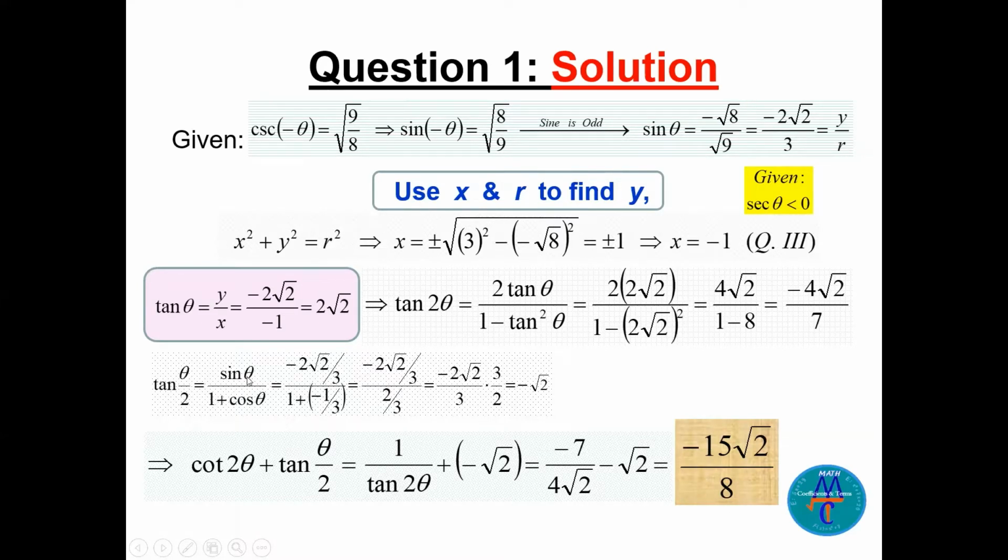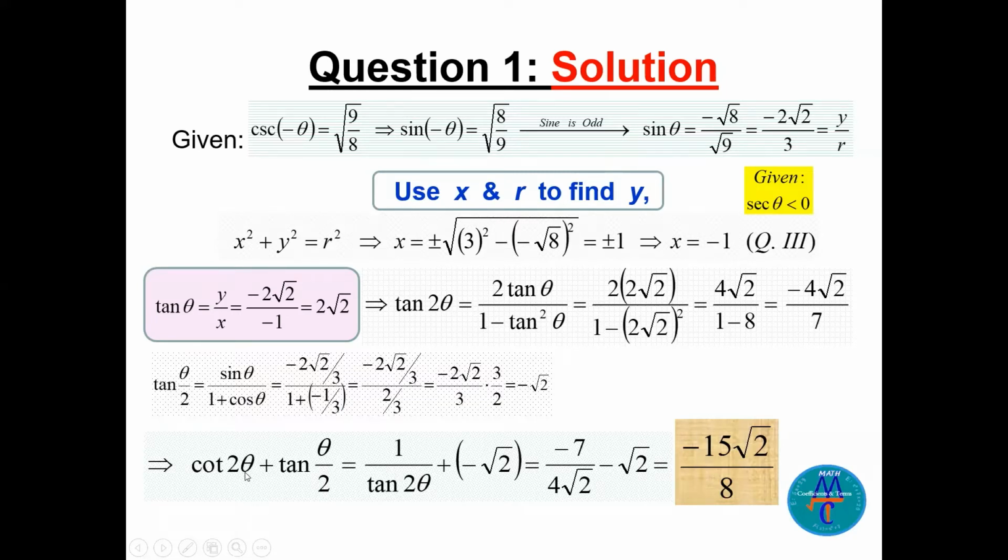One of them is sine theta divided by 1 plus cosine of theta. So I put here sine of theta, which is given here, minus 2 square root of 2 divided by 3. 1 plus cosine of theta will be the x over the r, which is minus 1 over 3. So also simplify all these fractions, you will get minus square root of 2.